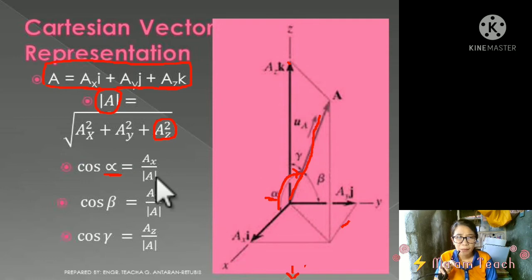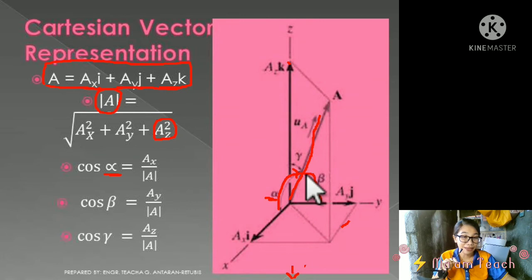Now, how about the beta? Beta, class, is another Greek letter which we use to represent the direction from your y-axis. If you want to describe your vector A from the y-axis, you measure from the y-axis going to your vector A, and you will be using the angle beta.